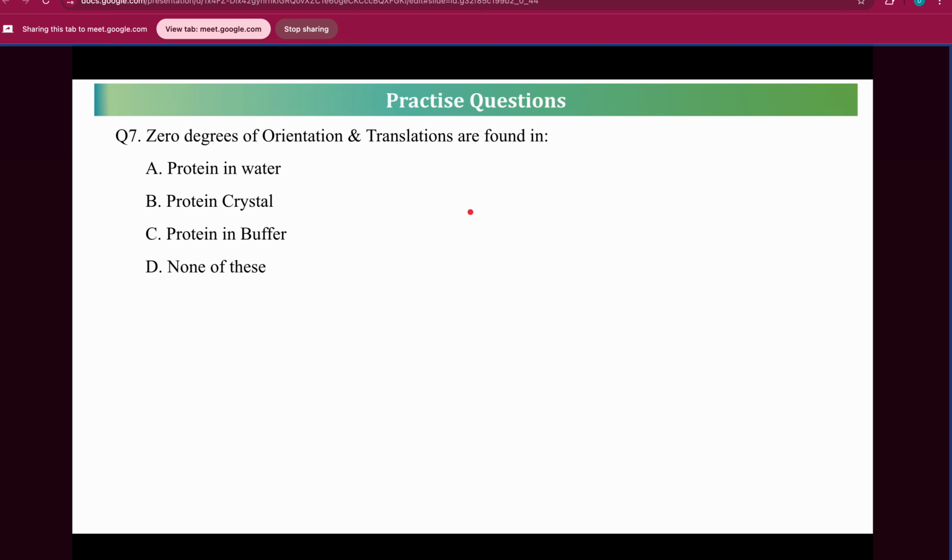Now the next question is, 0 degrees of orientation and translations are found in option A, protein in water, option B, protein crystal, option C, protein in buffer, and option D, none of these.